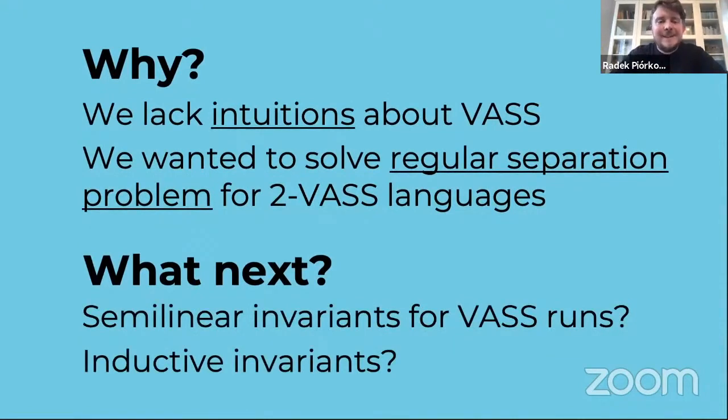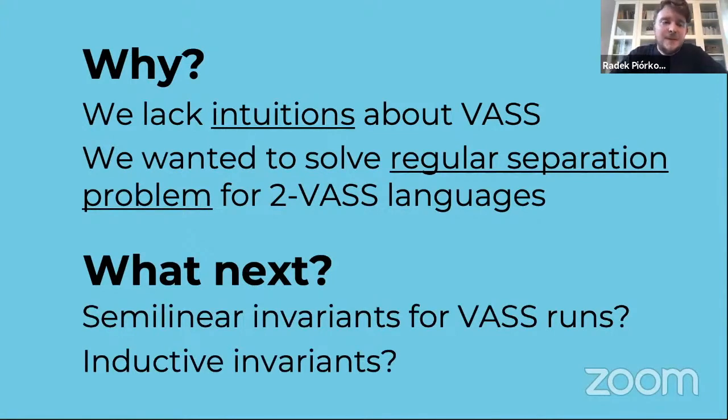Okay, so now we are in the process of researching the existence of semilinear invariants for VASes. And we are more or less sure that our techniques can be applied to get semilinear invariants in VASes.